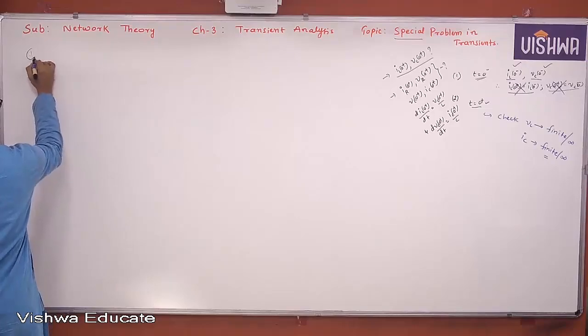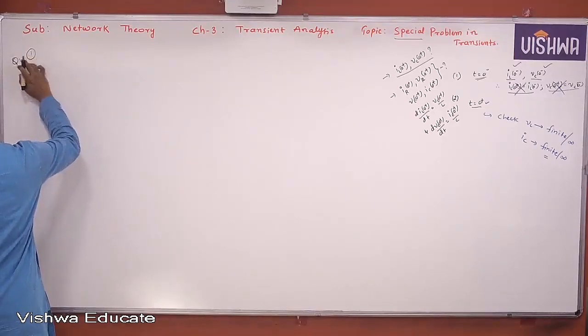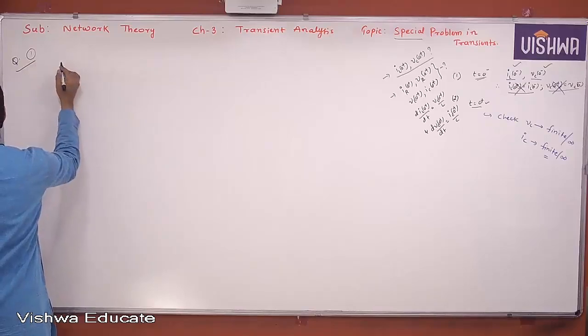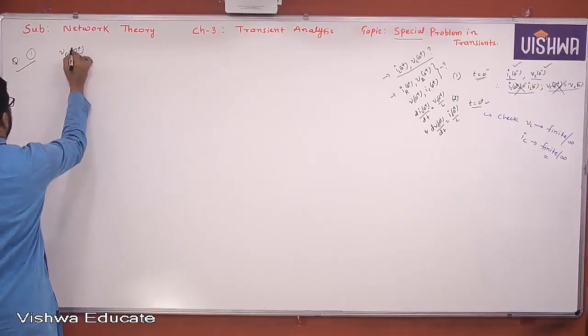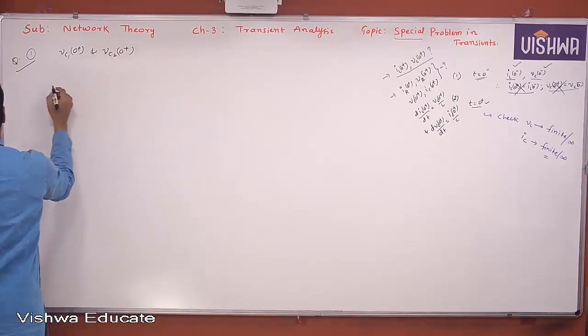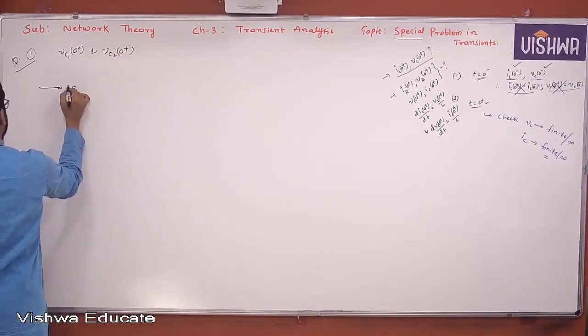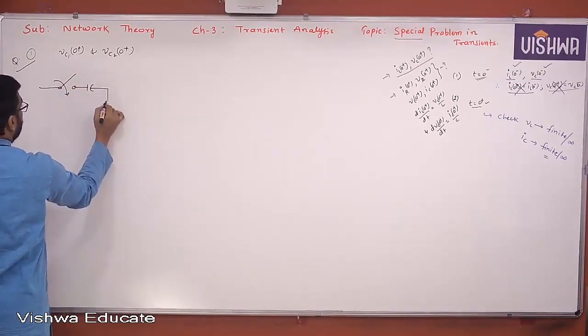Okay. So the first one is question number 1 in the classroom workbook, in the special problems on transient analysis. Find vC1 of 0 plus and vC2 of 0 plus.